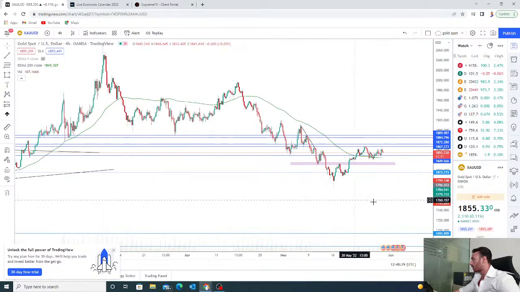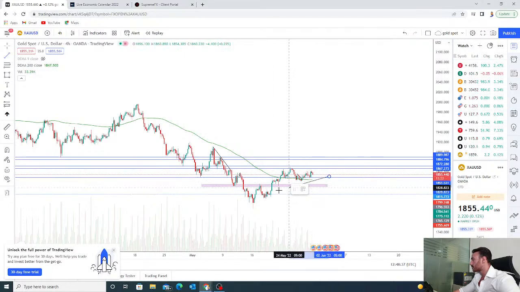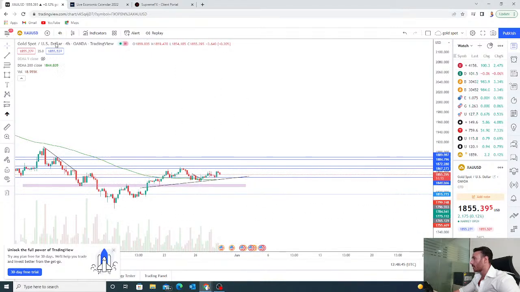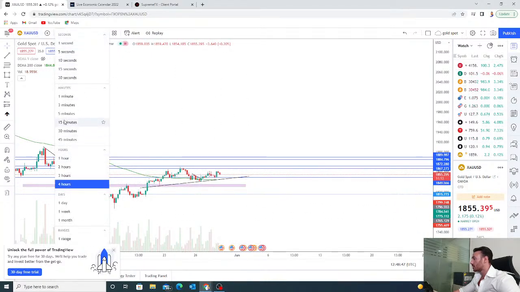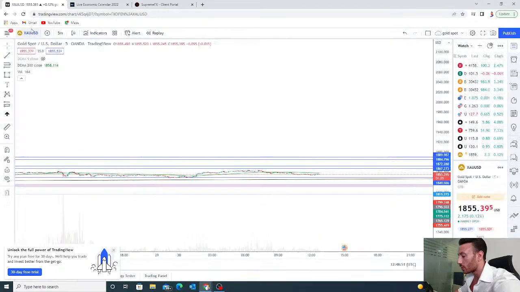Today we are on a bullish trend. I could even draw a trend line right here, which is a bit obvious. You can see the bullish trend. I will go on the 5-minute chart to have a closer look.